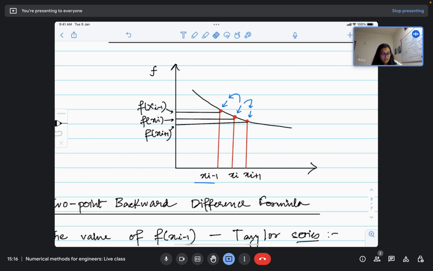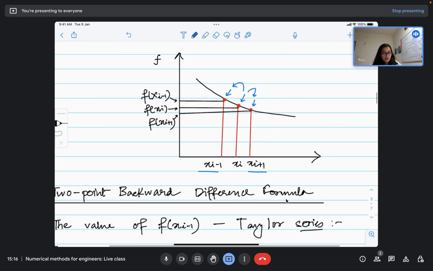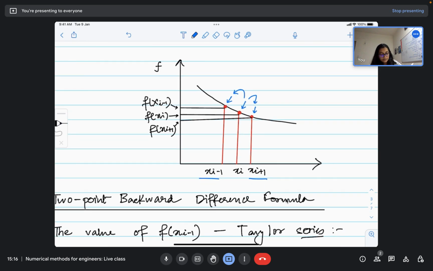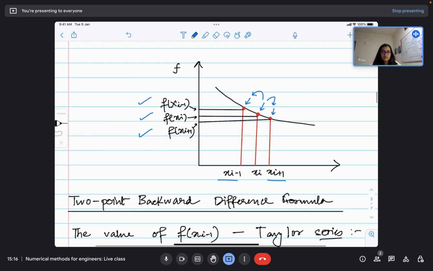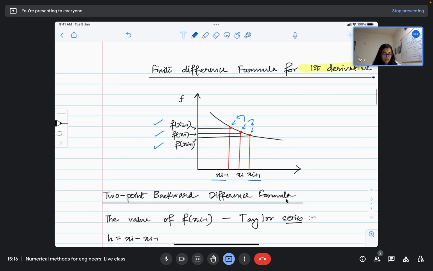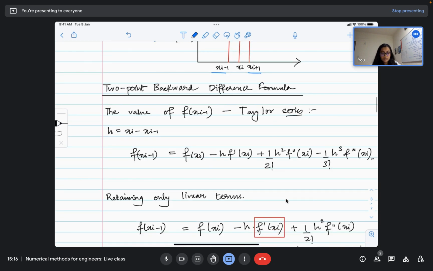Hence, the neighboring points that we have selected are xi, xi minus 1 and xi plus 1. Okay. So, relatively, the function values at those points are going to be f of xi, f of xi minus 1 and f of xi plus 1. Okay. So let's keep this graph in mind and let's start the first derivation for the 2-point backward difference formula.